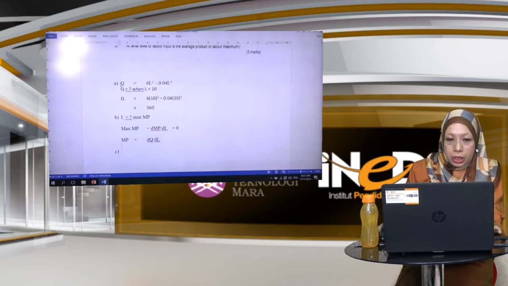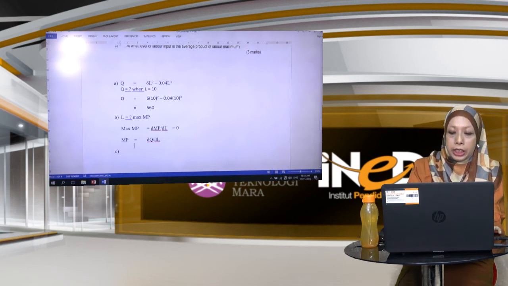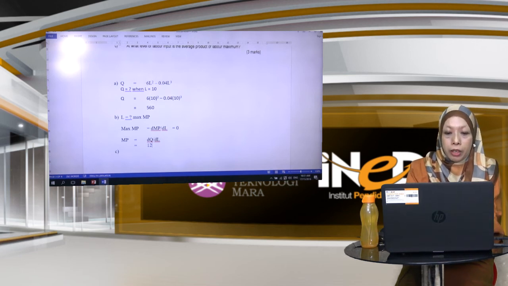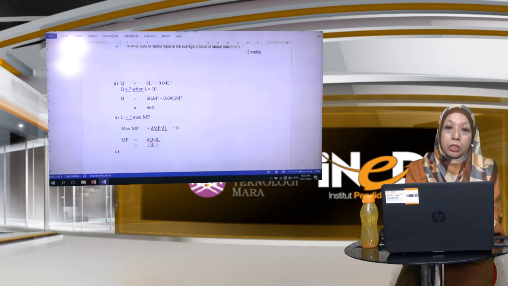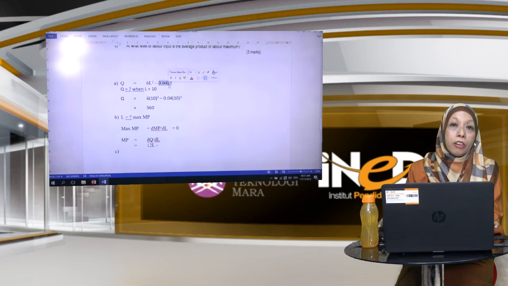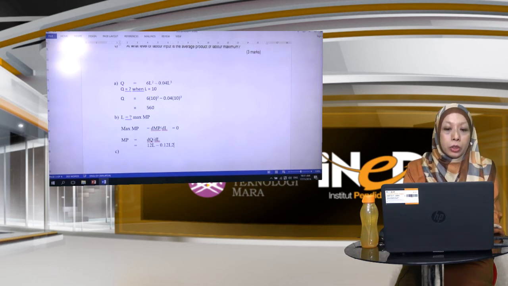If this is your production function and you differentiate it, differentiating 6L squared gives you 12L, minus, and when you differentiate 0.04L to the power of 3, you end up getting 0.12L to the power of 2.